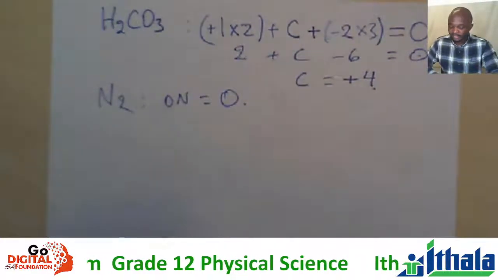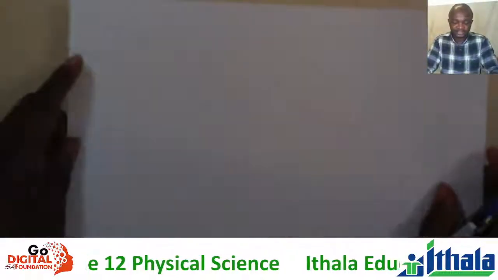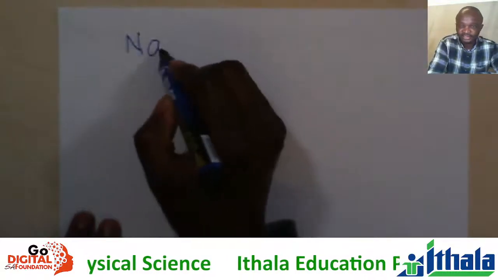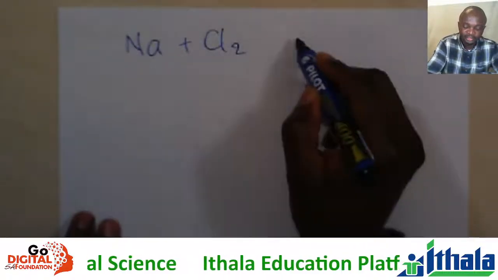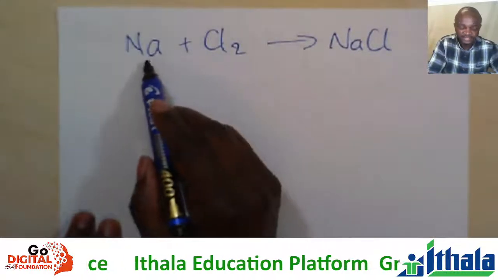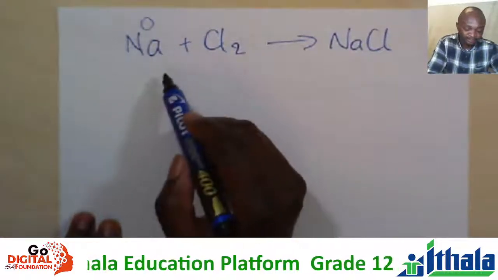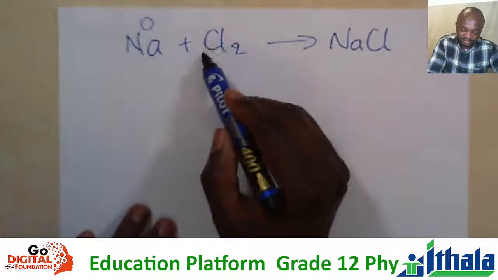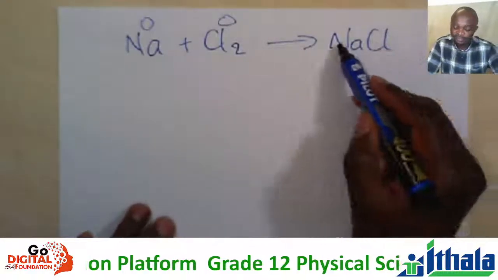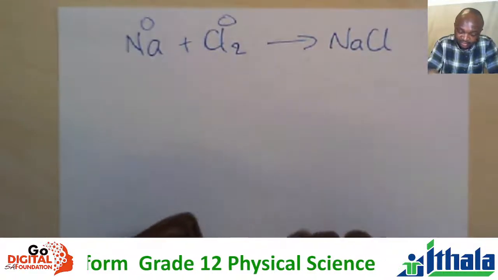So that's it. Then let's talk about whether there is a change in oxidation number, because a substance can change its oxidation number, right? So go back to the case where we have sodium combining with chlorine to give us sodium chloride, right? Now the oxidation number of sodium is 0 because we can see it's an element. Chlorine, as we said, is also an element made of the same type of atom, so the oxidation number is 0. But when we come to the compound, remember that oxidation number is the number given to the element in a compound.